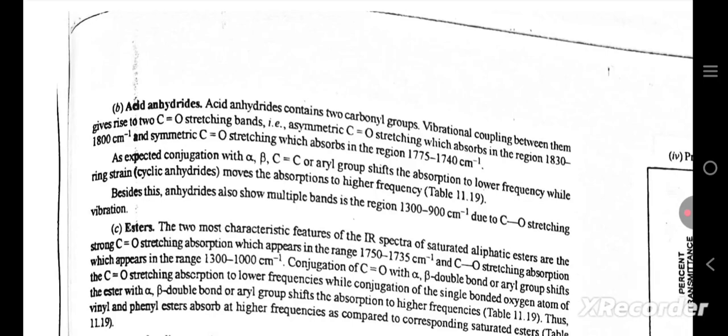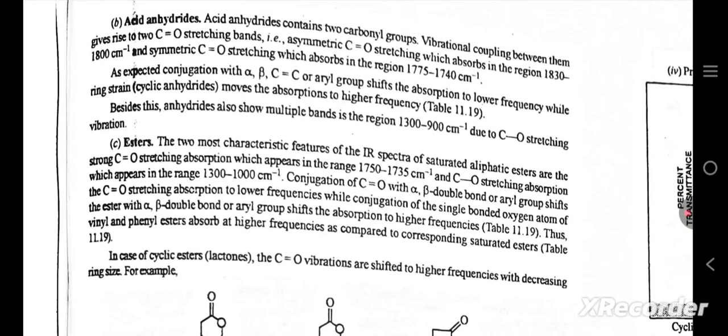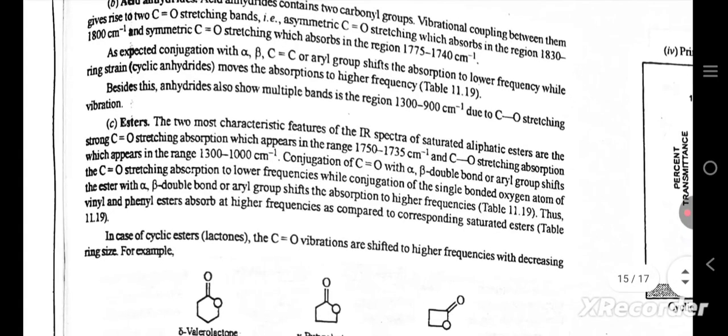Acid anhydrides. Acid anhydrides contain two carbonyl groups. Vibrational coupling between them gives rise to two C=O stretching bands: asymmetric C=O stretching, which absorbs in the region 1830 to 1800 cm⁻¹, and symmetric C=O stretching, which absorbs in the region 1775 to 1740 cm⁻¹.